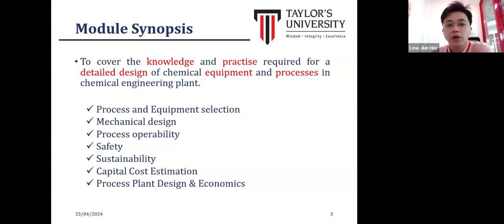I will also share with you some of the factors and considerations that we need to take into account when we design the chemical plant, especially the safety and sustainability aspects.